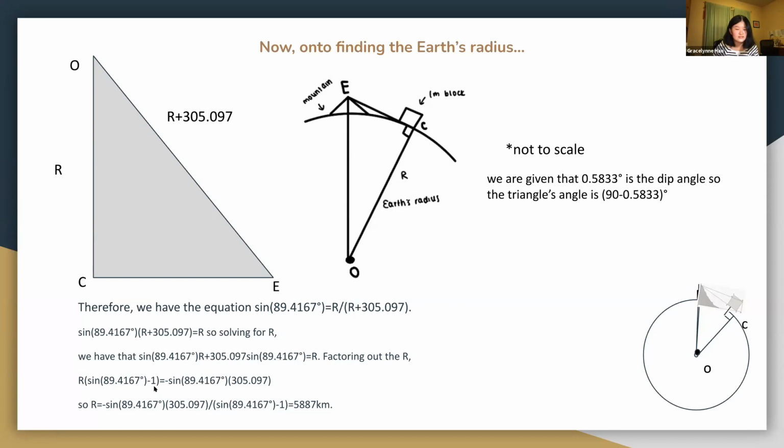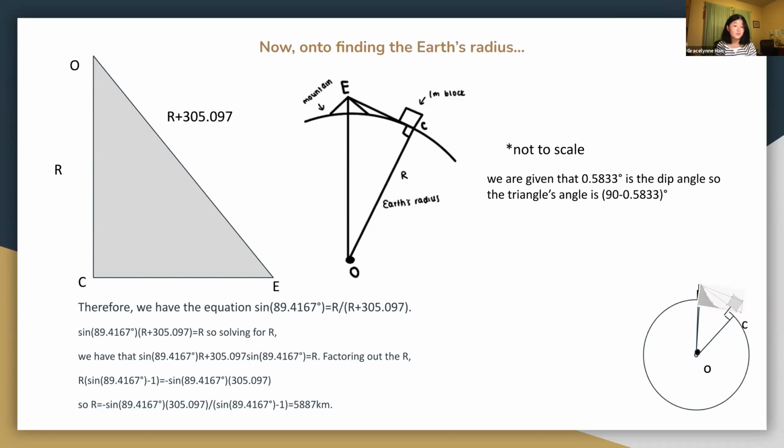And then at last dividing this term that is currently attached to the r, we have that r is equal to negative sine of that big angle that we found earlier times the height of the mountain over this term from earlier, which ends up going to about 5,887 kilometers.